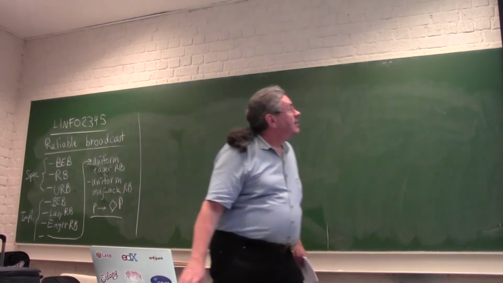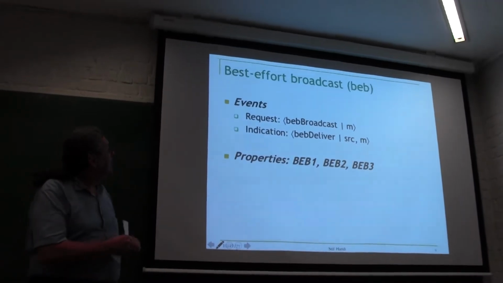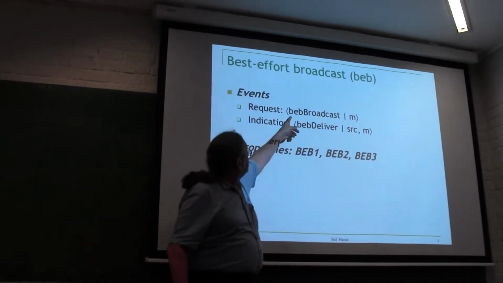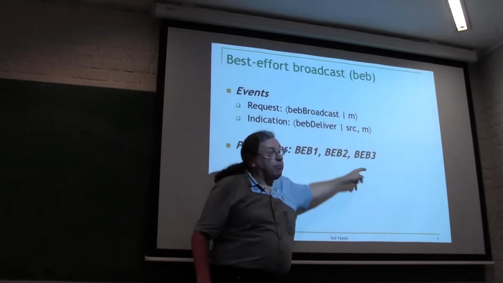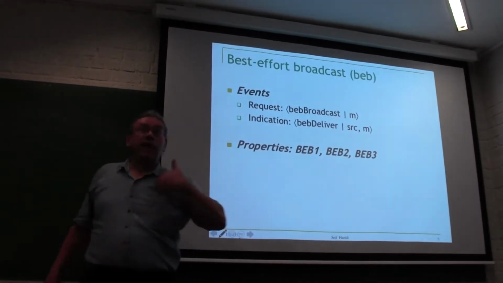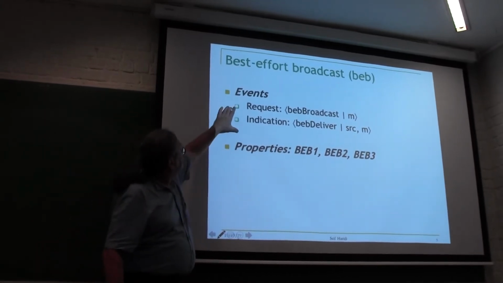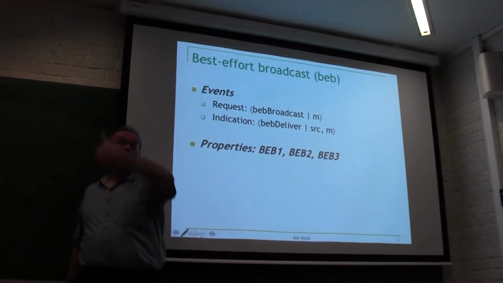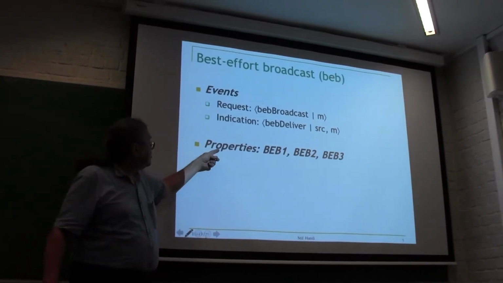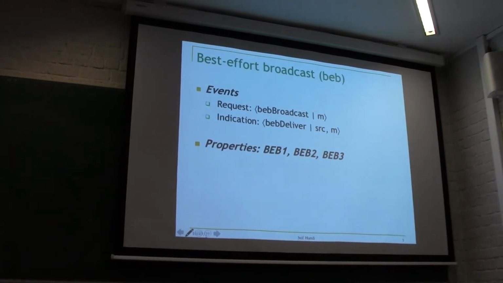So the simplest one is the best effort. It has 2 events, best effort broadcast and deliver, and it has 3 properties. So you can start getting the idea of how we're going to define algorithms. There are the events, the request going in, the indication going out, and then there are some properties, which could be safety or liveness properties.